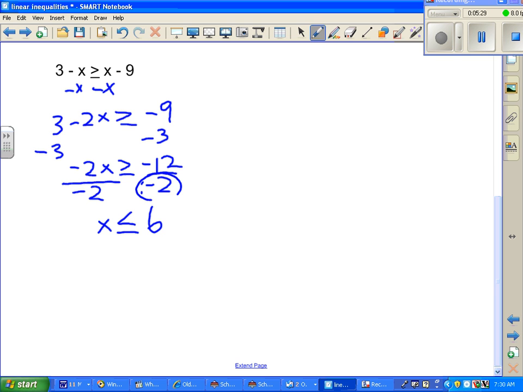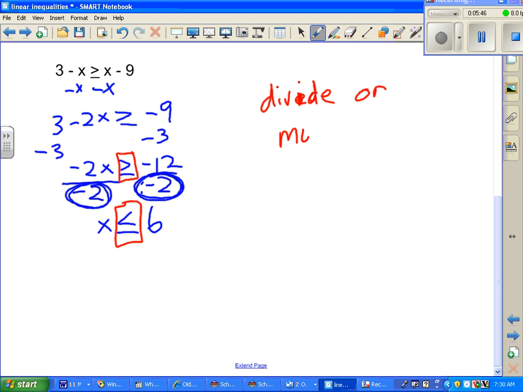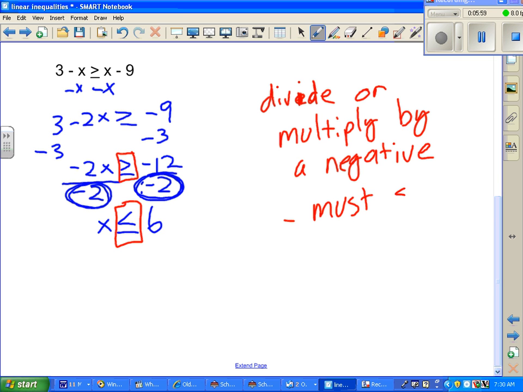If you divide or multiply by a negative, this sign has to switch. Notice it's going the other way. If you divide or multiply by a negative, you must switch the inequality.